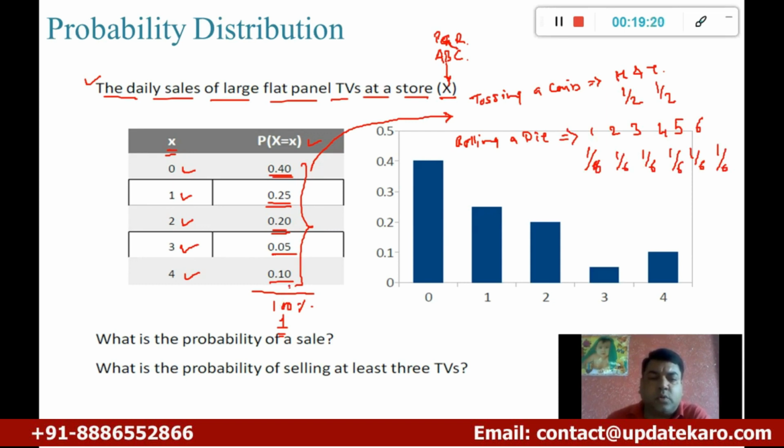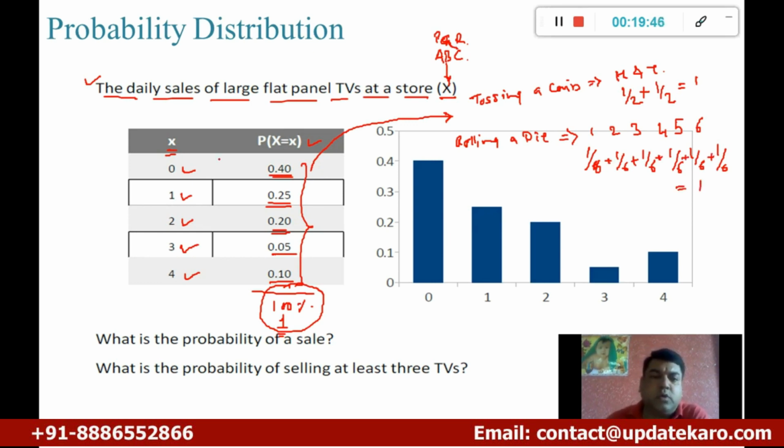So from this, I want to make clear one thing: if you add the probabilities associated with the outcomes of any event, it will always be 1. If you add this 1/6, 1/6, 1/6, 1/6, 1/6, it will always be 1.